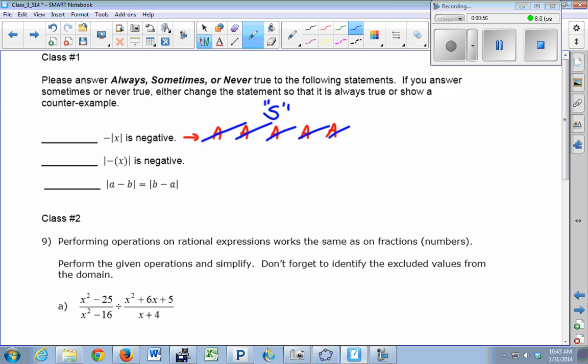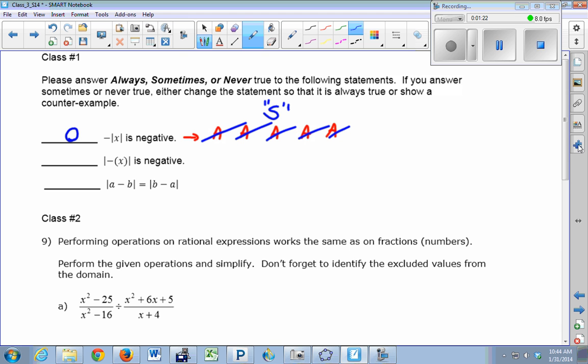Cooper? 0, right. 0 is the one number that is its own opposite and is its own absolute value. So you can't say that that's true for every single real number. It's true for every single real number except for 0. So that's why you have to say sometimes there.